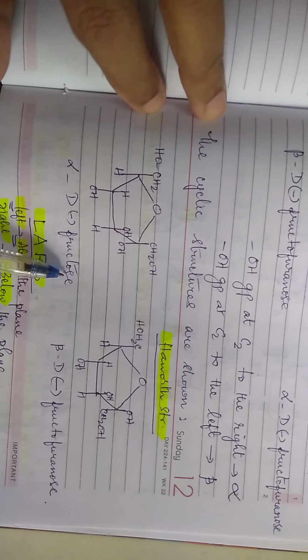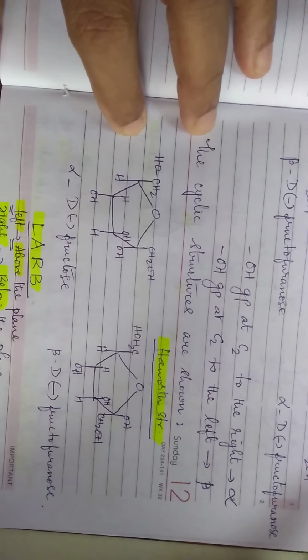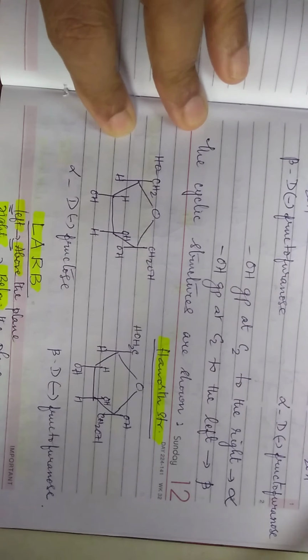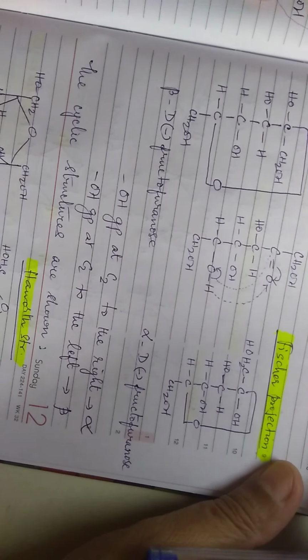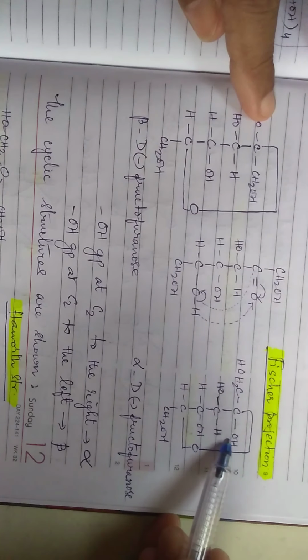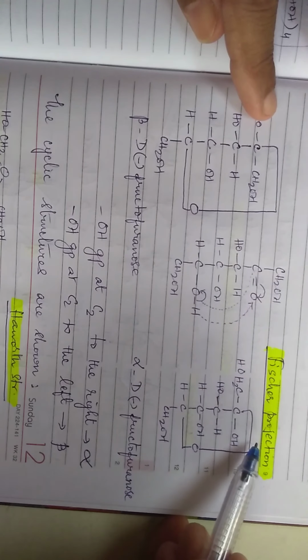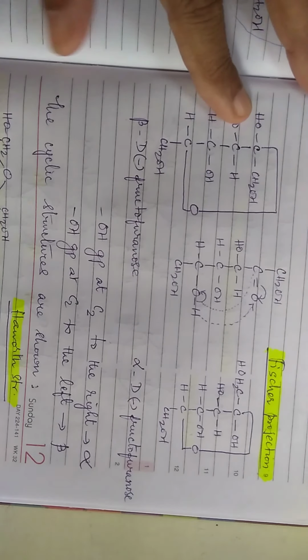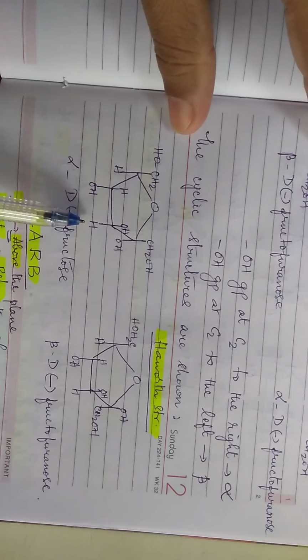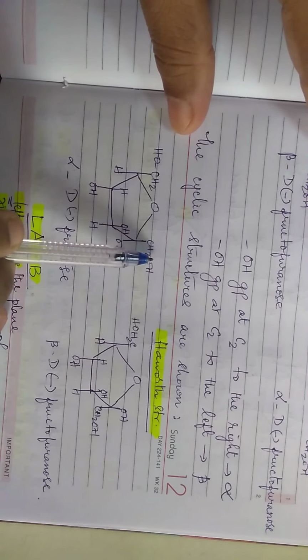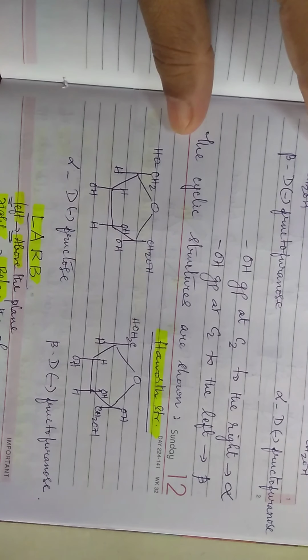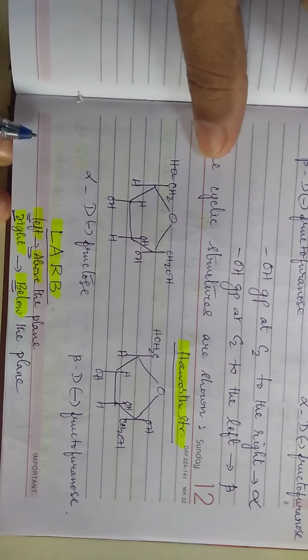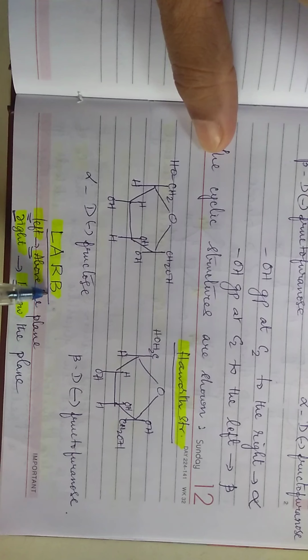Now here you see the difference. In the case of alpha, those groups on the right hand side are all below the plane, and those on the left hand side are all above the plane.